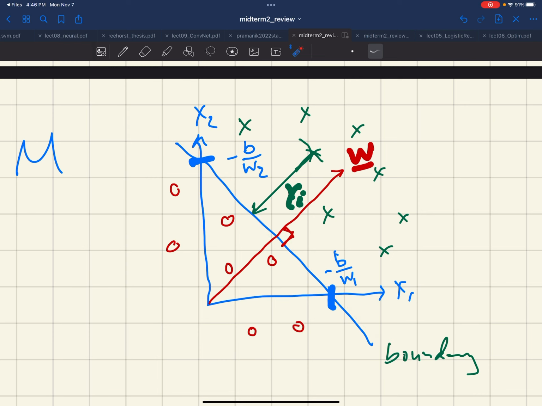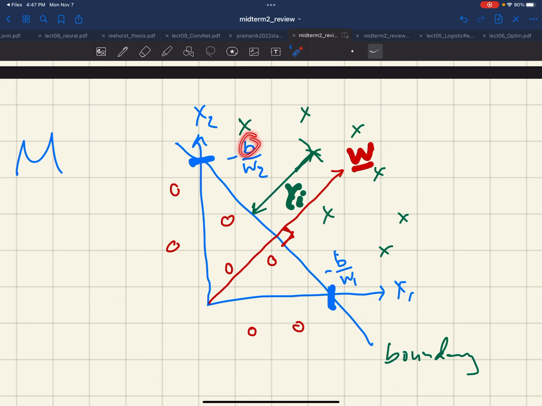And the first thing we realized is that in this linear classifier framework, the weight vector, W, is always going to be orthogonal to the boundary. So if you tell me the weight vector, I can tell you where the boundary is up to some shift. To nail down what the shift is, we need to know the bias coefficient. Now, if you tell me the bias B and the weight W1, I can tell you exactly where the boundary crosses the x1 axis.